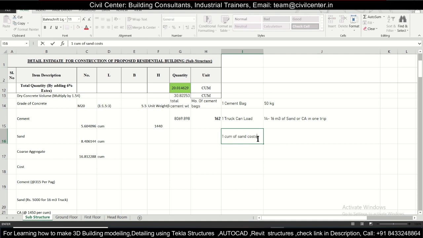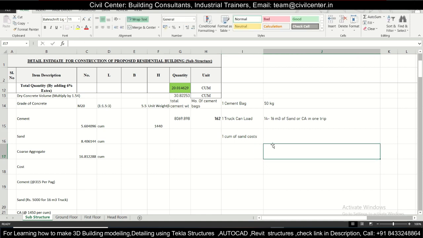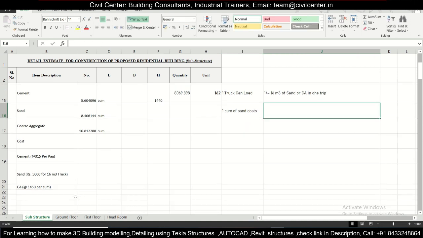The sand and the coarse aggregate come in the unit of trucks or lorries, and they take the money in that. I'm just finding out what 1 cubic meter will cost. So it will cost 5,000 by 16. This is simple, using the unitary method.